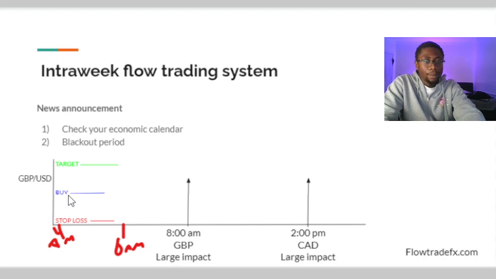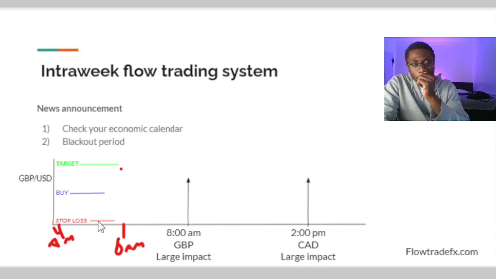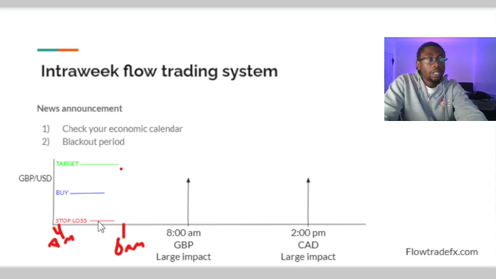Let's say this time price is about 3/4 to your profit target, and it's about 6 a.m. at this point. For this situation, you can simply close out this trade.